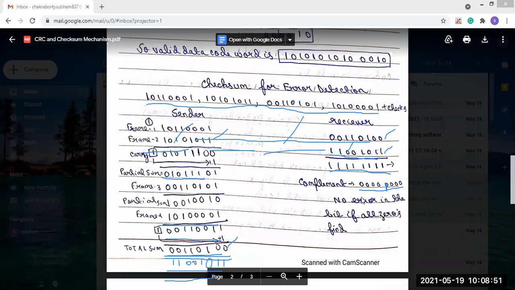That is the basic thing. But if you have to know exactly in which portion the error occurred, in that case you have to use the Hamming code.